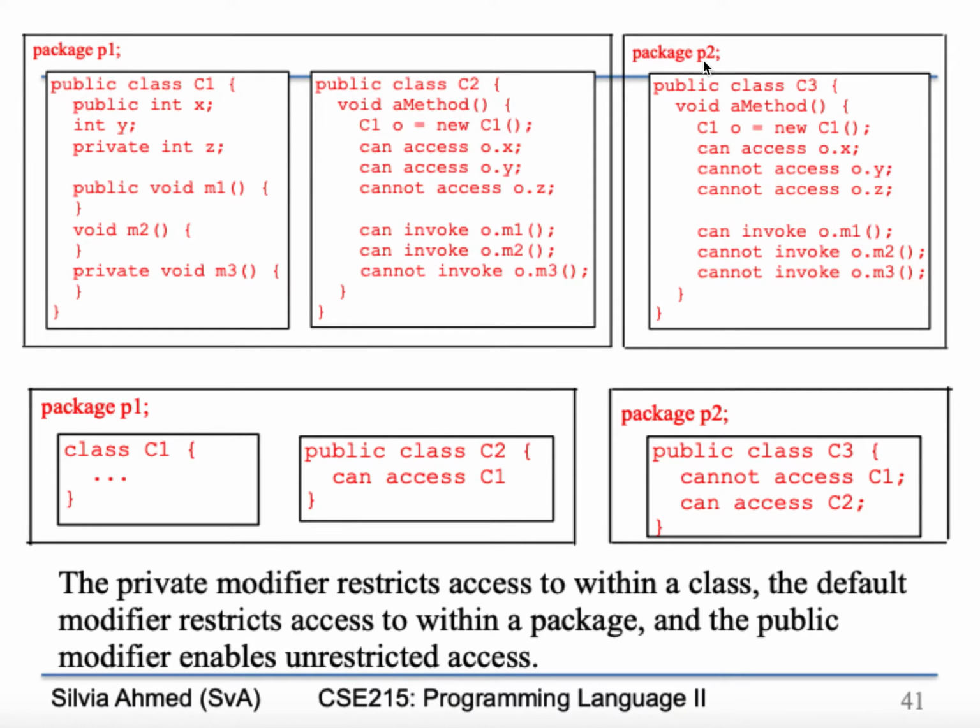Since C3 is in a different package, we cannot access O.y, and Z was private, so definitely we cannot access O.z. For the methods, since M1 was public, we can invoke O.m1 from a different class inside a different package, but we cannot invoke O.m2 because M2 was default, so we cannot invoke it from a different package, and we also cannot invoke O.m3 because M3 was private. We cannot invoke it outside the class C1.